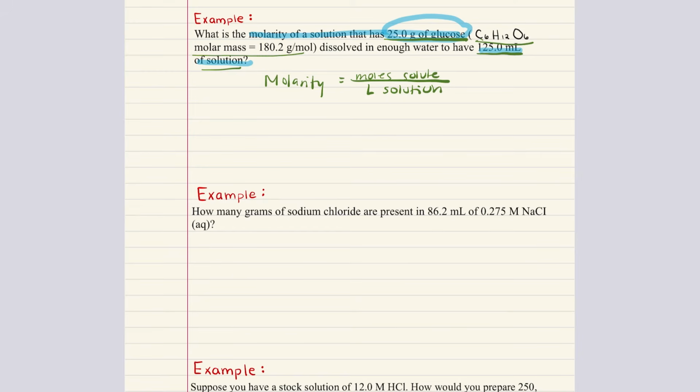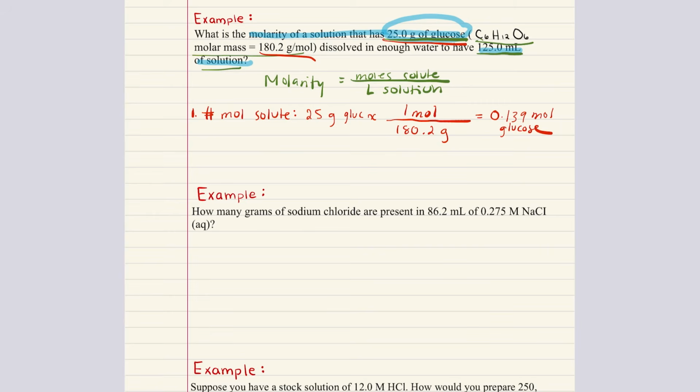First thing is we need to figure out the number of moles of solute. And we could do this very easily. We're given 25 grams of glucose, and we can convert that to moles by just multiplying by the molar mass, which we're also given, 180.2 grams per 1 mole. This is going to give us about 0.139 moles of glucose.